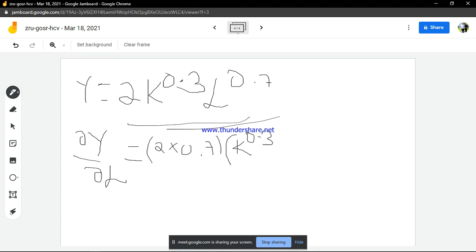And then I'll have my labor, but then 0.7 less 1 is just negative 0.3. So the negative 0.3. Then I have differentiated this. Then, we know we are mathematicians. So, what do you get when you multiply 2 by 0.7?